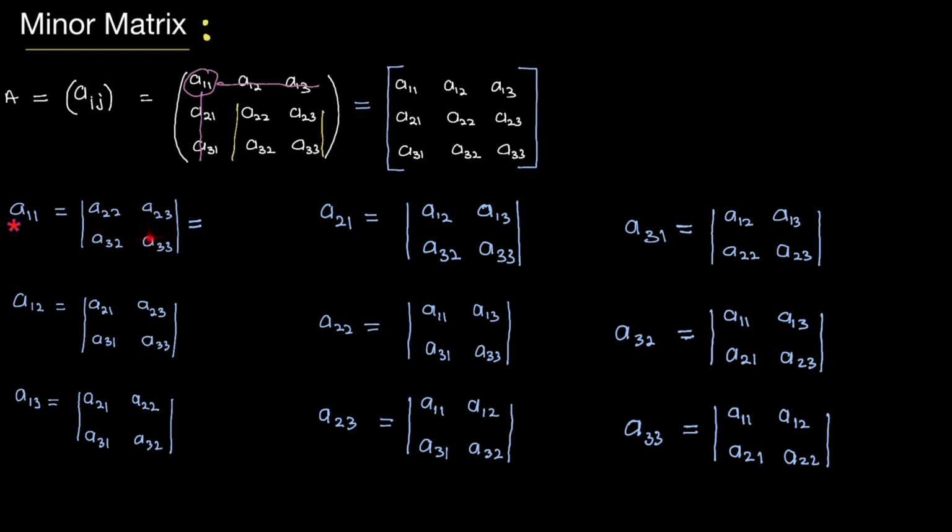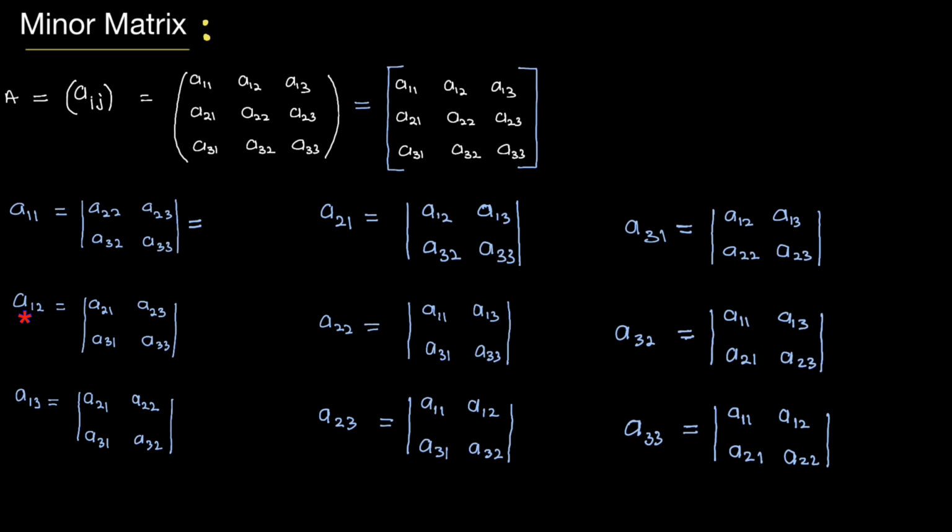That's the minor matrix of A11. The minor matrix for A12: again, we draw through A12 a horizontal line and a vertical line. So now the minor matrix for A12 is A21, A23, A31, A33. That's the minor matrix for A12.